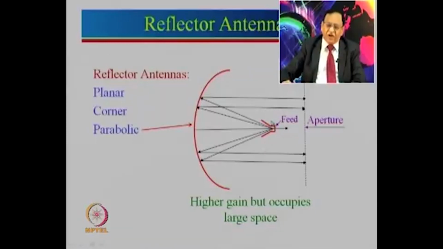Earlier ones used a horn antenna as a feed, or an axial mode helical antenna which generates circular polarization. We have even used a microstrip antenna here to reduce the size of the feed. So we will see what the different things are here.